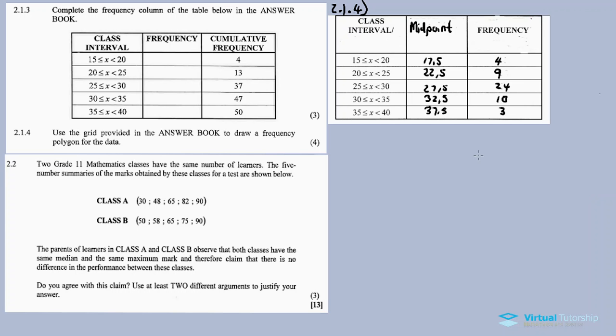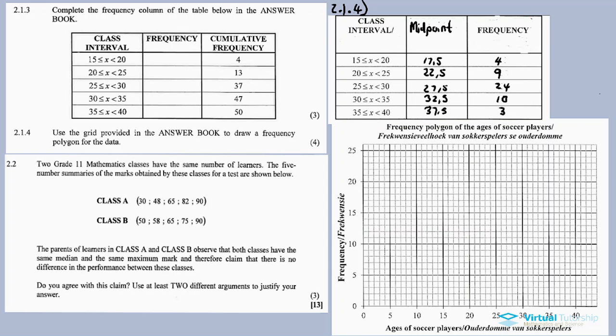Now having the midpoint for the class interval, now I can plot a graph here. This is the grid provided in the answer book for this question paper. So use it to do the plot. Now on the x-axis I have the ages of the soccer players, but we don't use the actual ages, we don't use the class interval, but the midpoint.